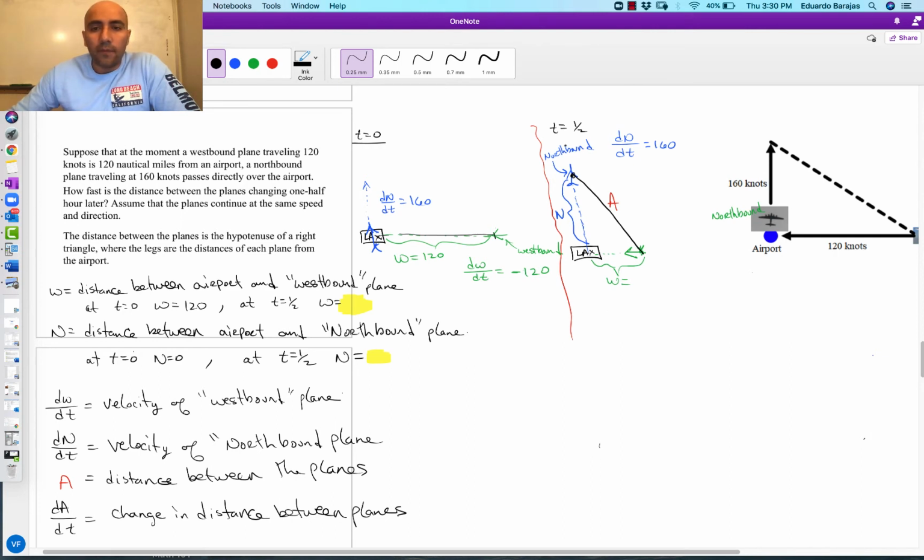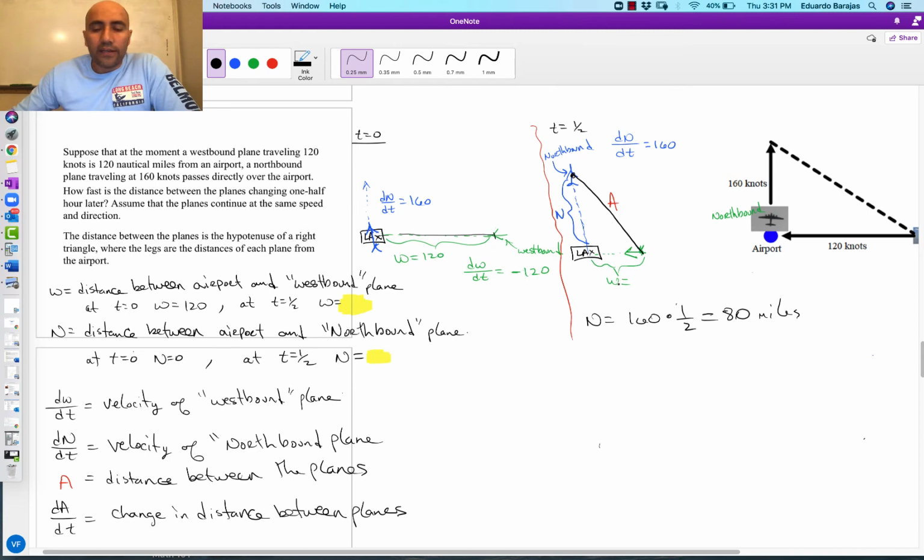So when t equals 1/2, N is going to be equal to 160 times 1/2. N is a distance. If it's traveling 160 nautical miles per hour for half an hour, you're going to get a value of 80 nautical miles.